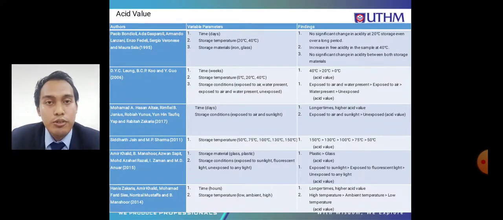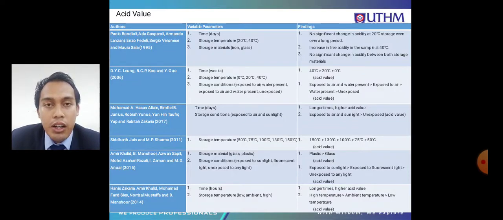The same case also happened in the acid value, where the previous studies consider the effect of temperature, storage materials, exposure to air and water, exposure to air and sunlight, exposure to sunlight and fluorescent lamp, and exposure to different types of temperature on the sample stored.